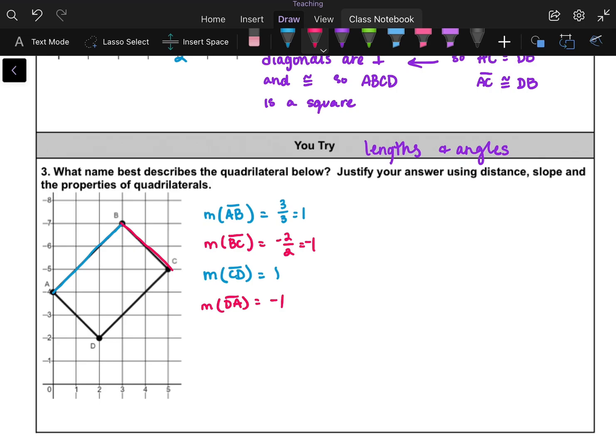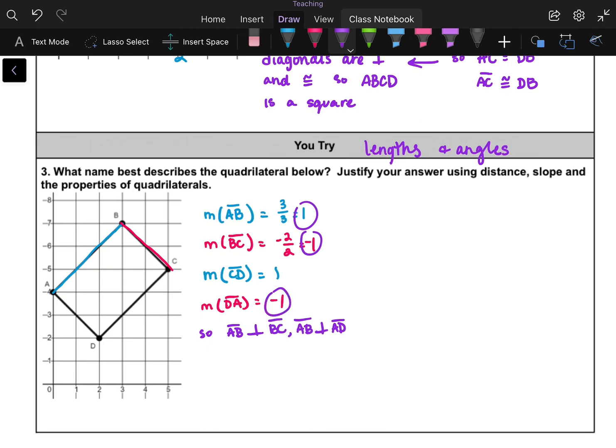So what we get here is that I can see that side AB is perpendicular to side BC because those are opposite reciprocal slopes. I also see that side AB is perpendicular to side AD or side DA because that's also negative 1.